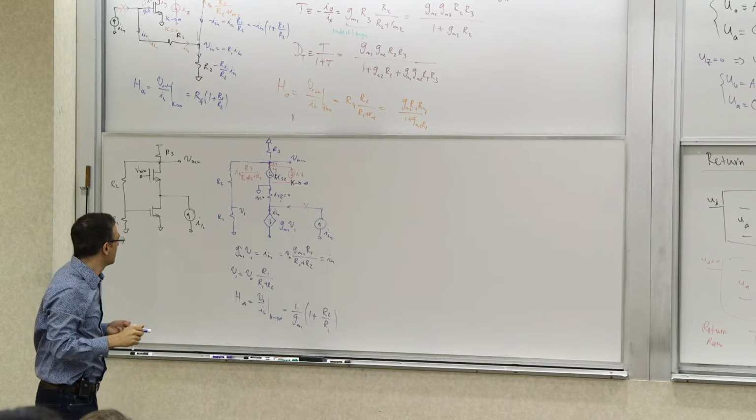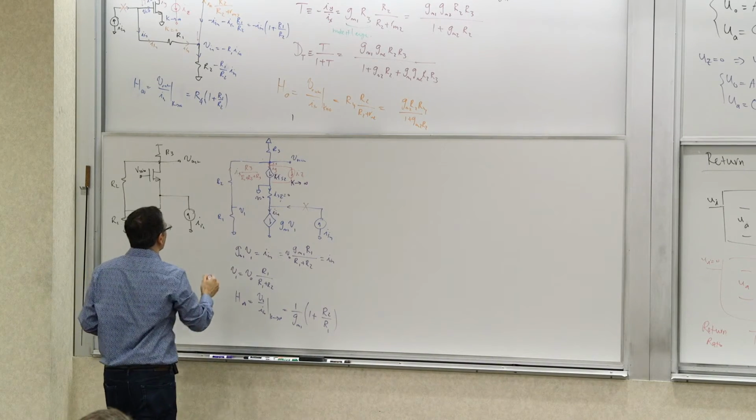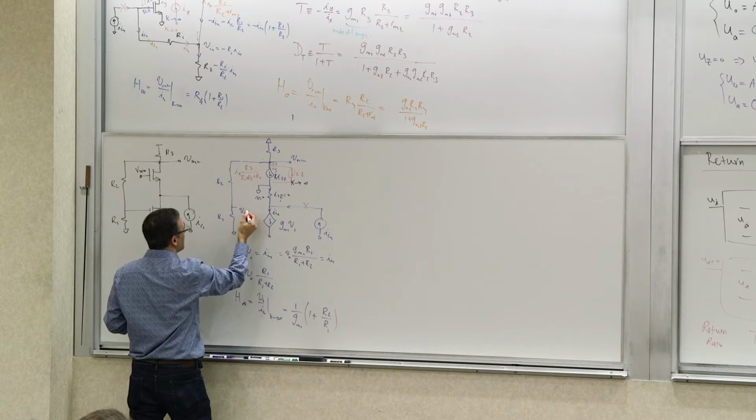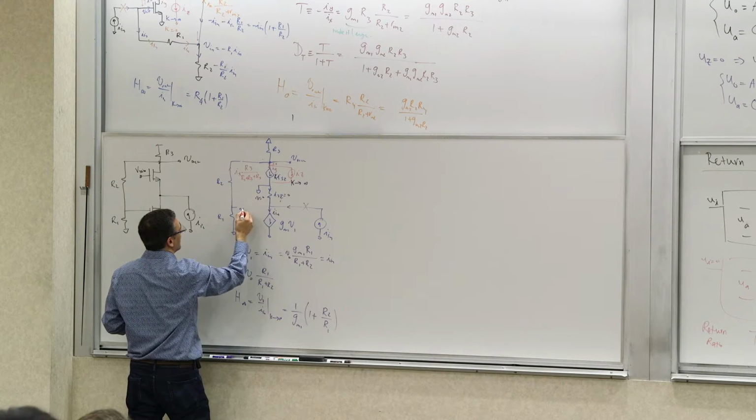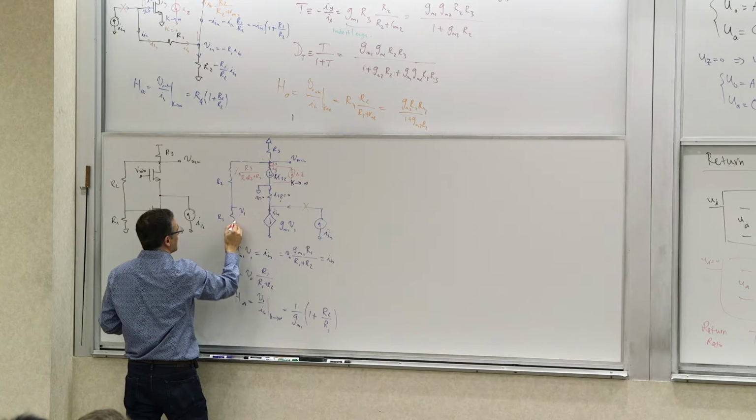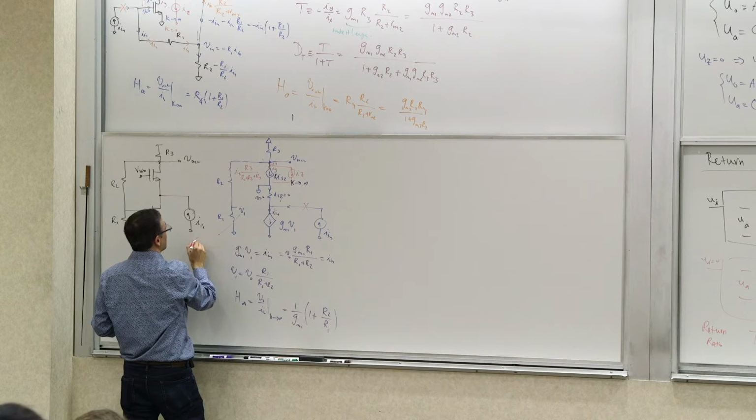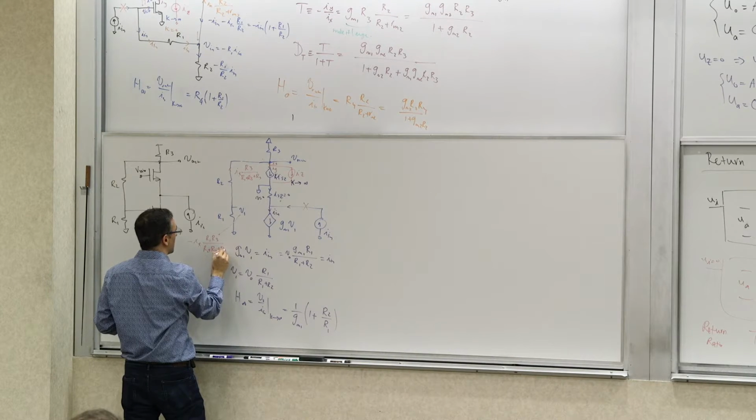So that's the current that gets pulled out of this guy. So V1 is going to be this times R1 with a minus sign. So V1 is going to be negative IX, R1, R3 over R1 plus R2 plus R3.